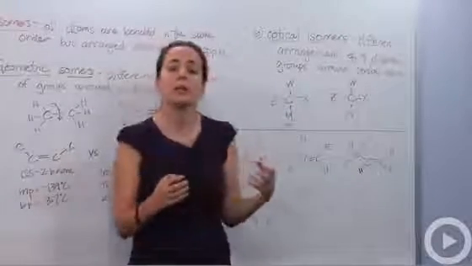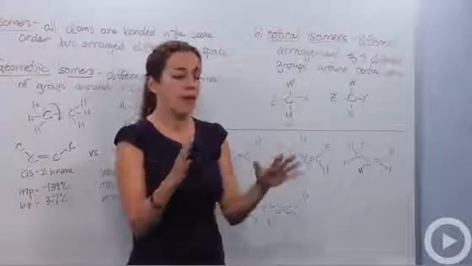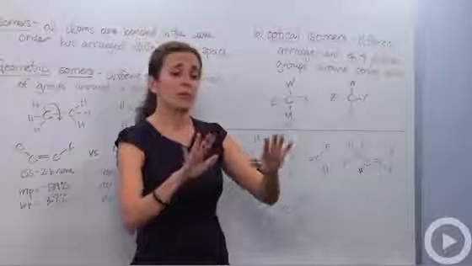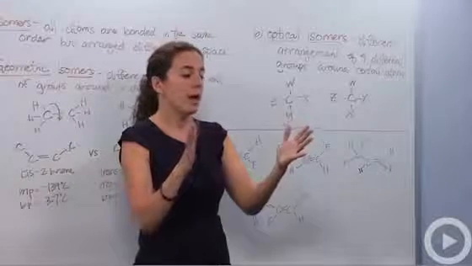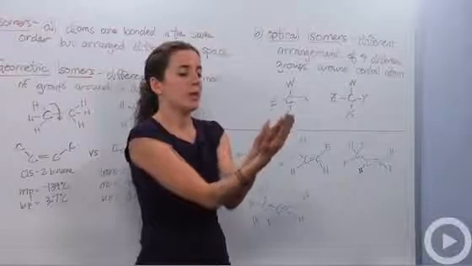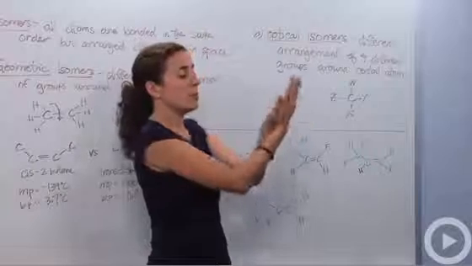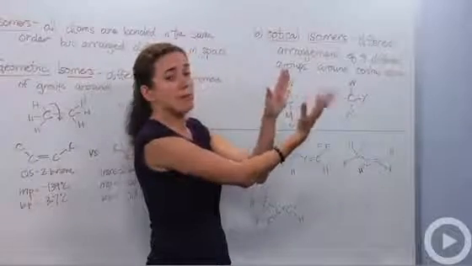To make it a little bit more clear, our hands are optical isomers of each other. They're the same thing. They have thumbs, pinkies, middle, 4 fingers, but they are mirror images of each other. There's no way that we can put one on top of the other and have them be the same. So these are what we call optical isomers.